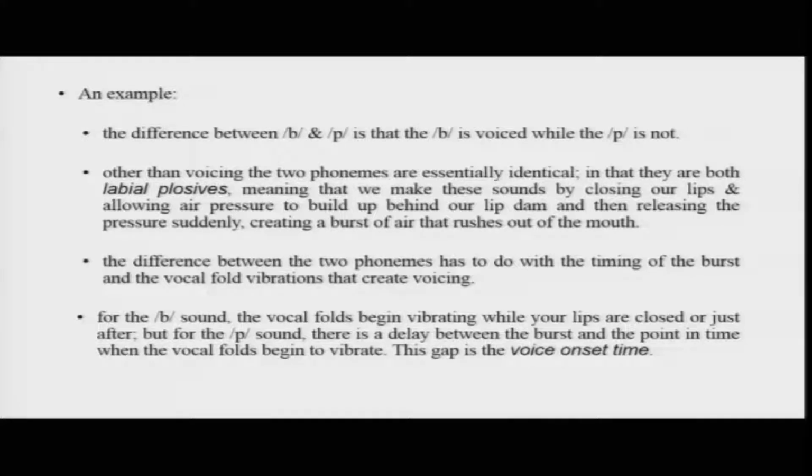They already start vibrating, so the vibration is already building up. For p, there is a slight delay of around 20 milliseconds or a little bit more. This delay is referred to as the voice onset time. So you could say the difference between b and p is that of voice onset time.